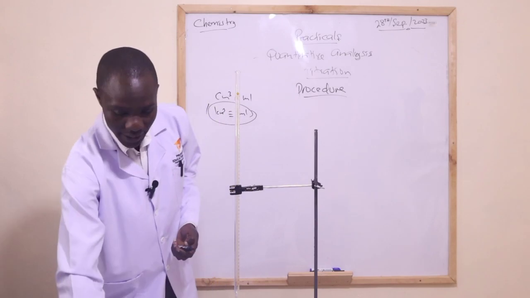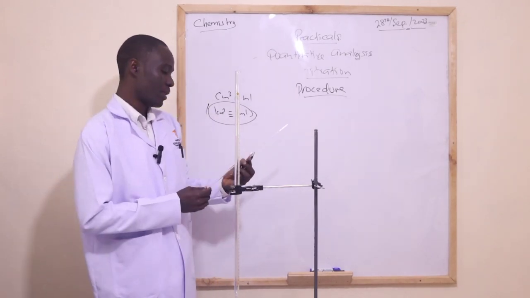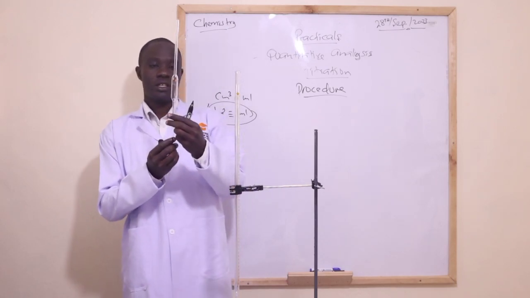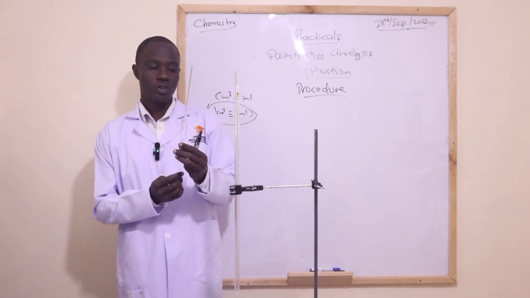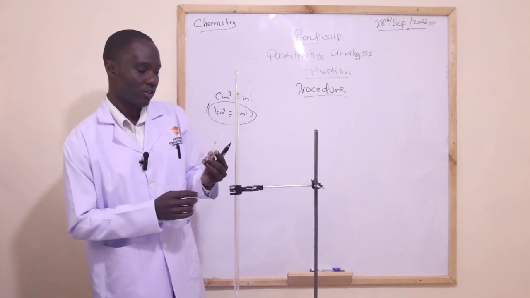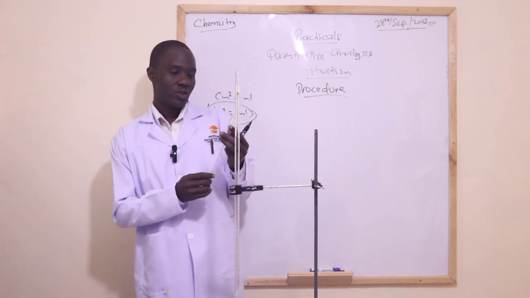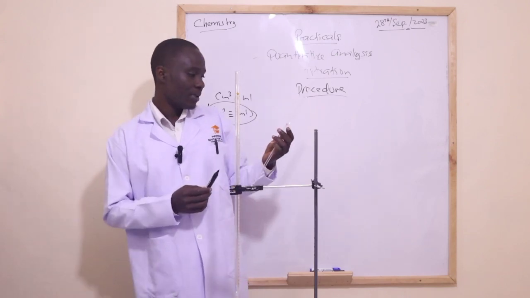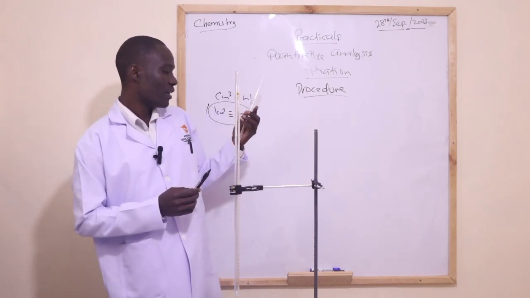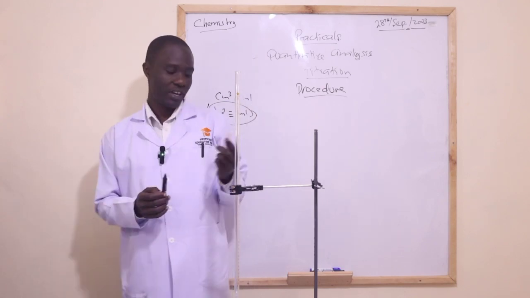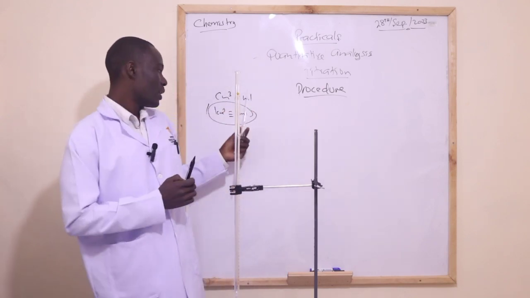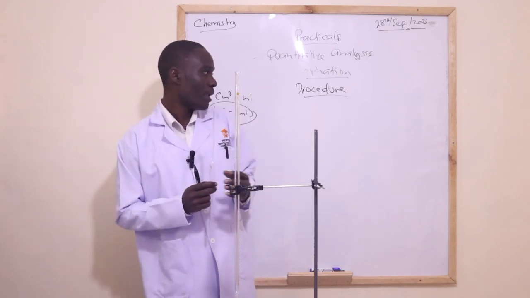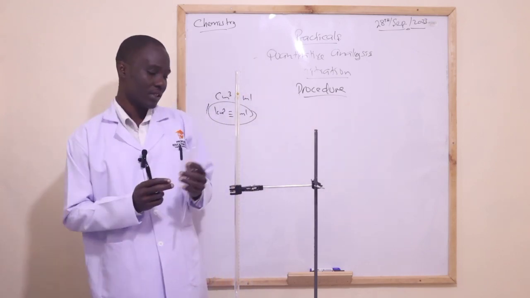Now we have a pipette. Number two, we have the pipette, as you can see, it is also marked, but not marked like the burette. The maximum capacity of a pipette is always 25 cubic centimeters or 25 milliliters, while that of the burette is normally marked at a maximum of 50 cubic centimeters.